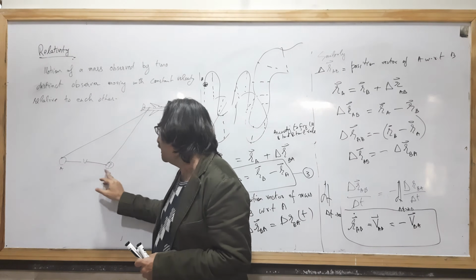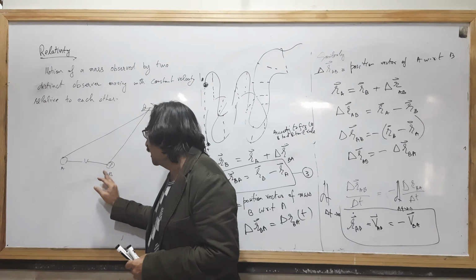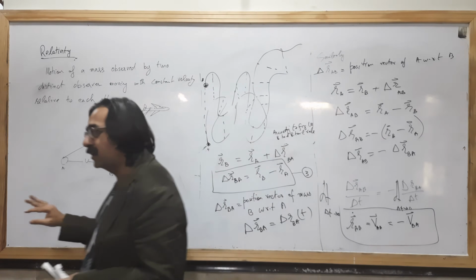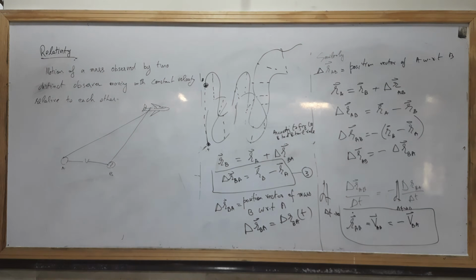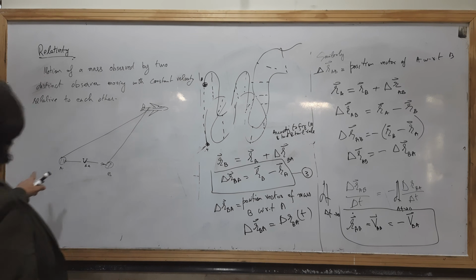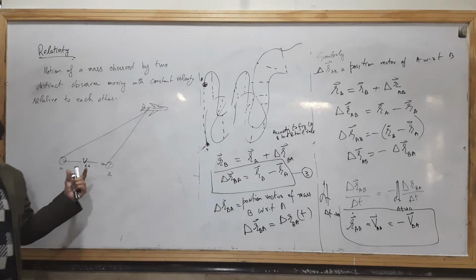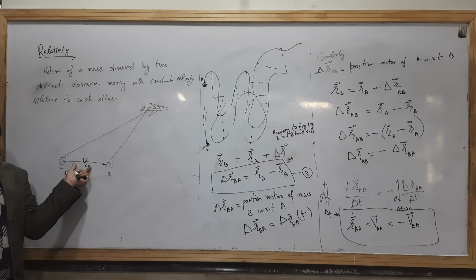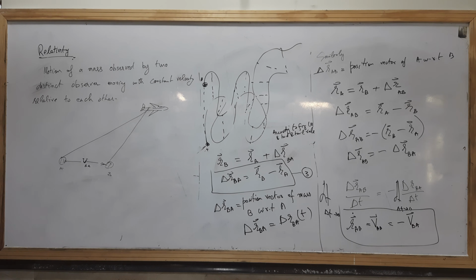If the velocity of B with respect to A is constant and the velocity of A with respect to B is constant, then that is defined as an inertial frame. Constant means uniform. There are no accelerated frames. Their speed is constant with respect to each other.